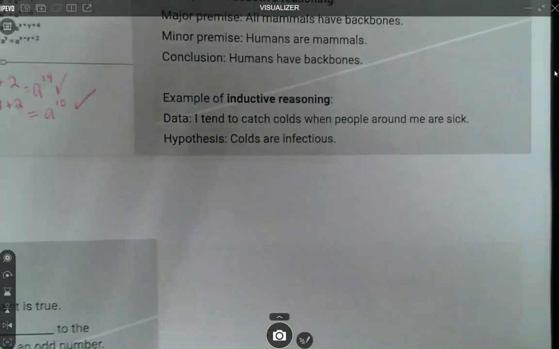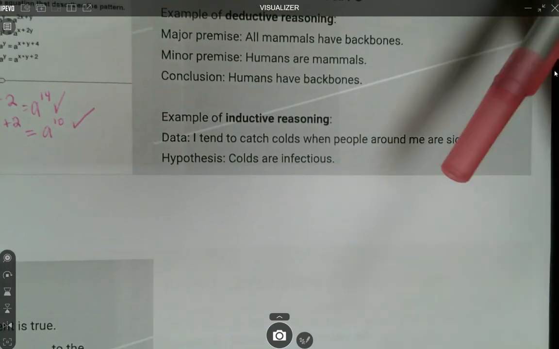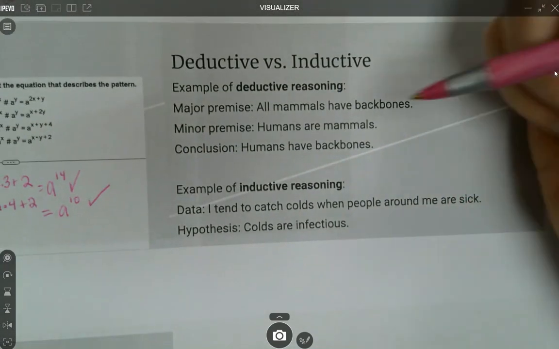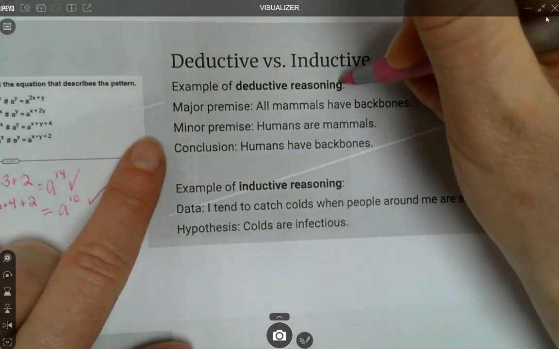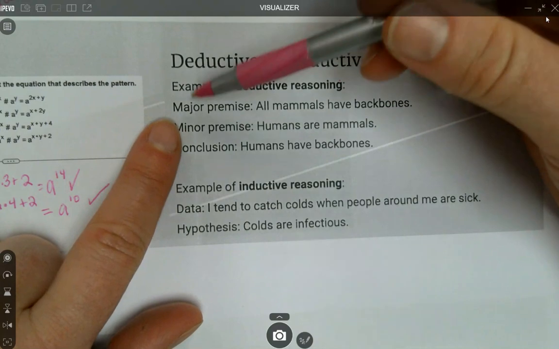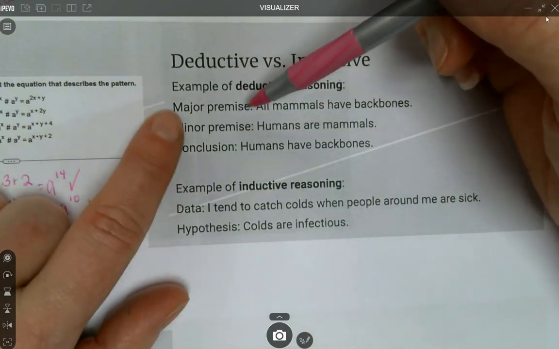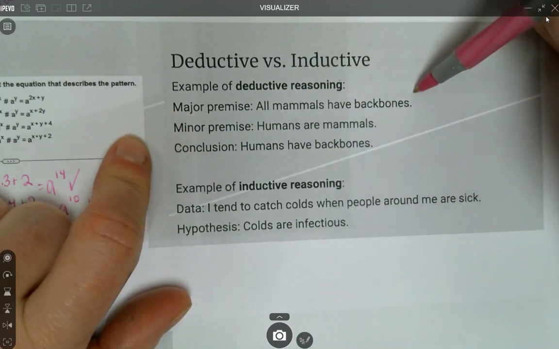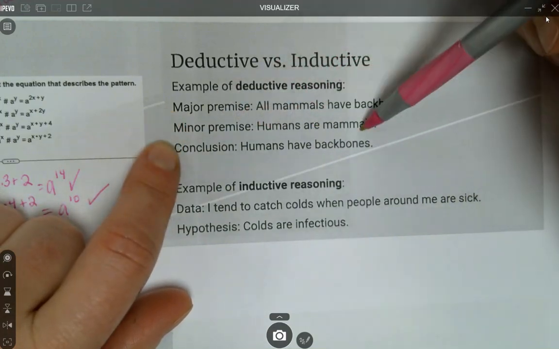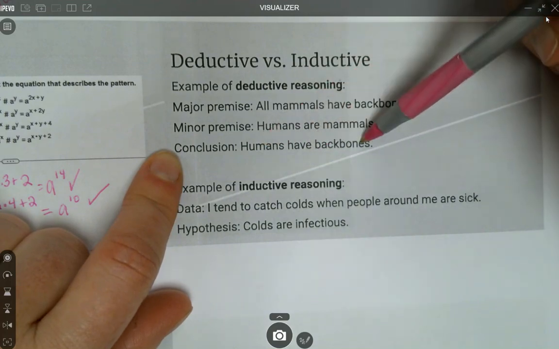All right, so more on inductive and deductive reasoning, because we'll be using that throughout the semester. Examples of deductive reasoning, major premise. So you start with premises and you make a conclusion. All mammals have backbones. Humans are mammals. Conclusion: humans have backbones.